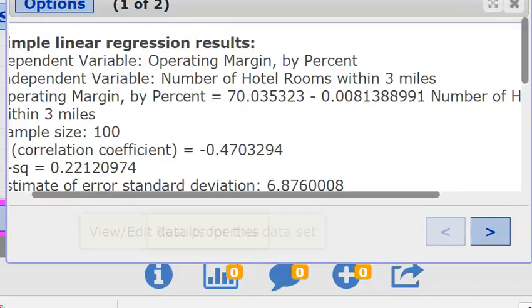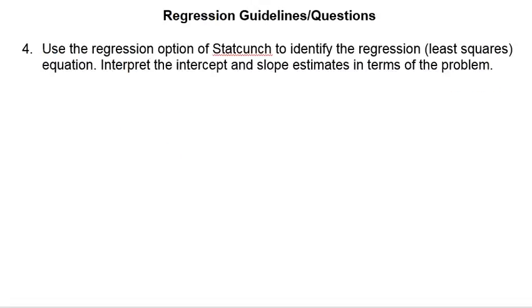All right, getting back to my PowerPoint, we have identify the regression equation. Just reading off of the printout, operating margin equals 70.03 minus 0.008 times number of hotel rooms, which I'll call H. Now interpret the slope and y-intercept.